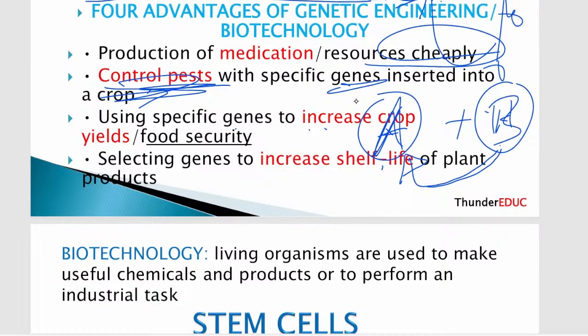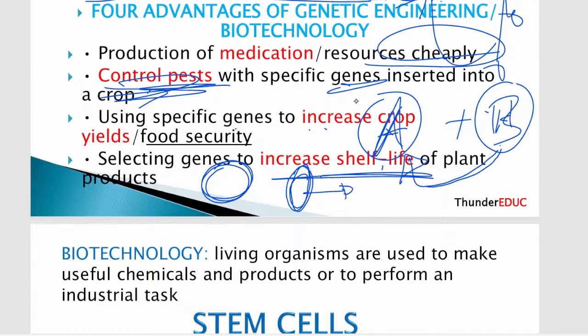Then lastly, selecting genes to increase the shelf time. This is the shelf life, the time spent on the shelf. How long do the tomatoes stay on the shelf? There are tomatoes which are round and tomatoes which are like this.